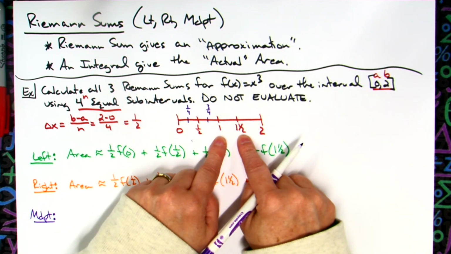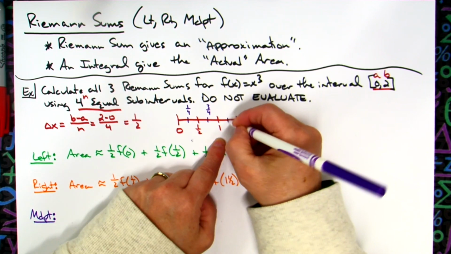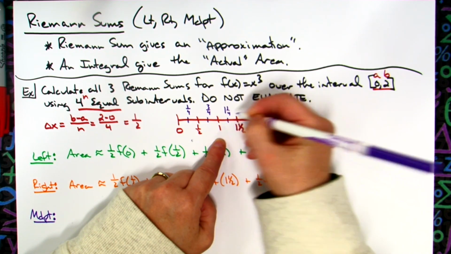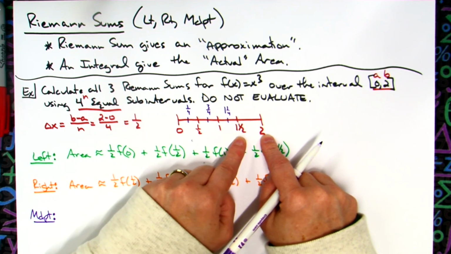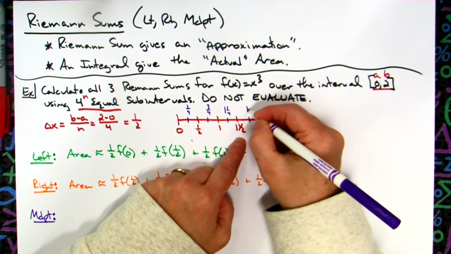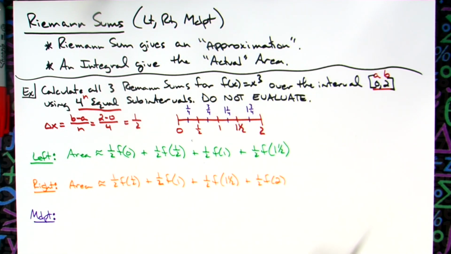Halfway in between 1 and 1 1/2, 1 and 1/4. Halfway in between 1 1/2 and 2, 1 and 3/4. If you added them to the diagram like that, it might be a little bit easier than if you're trying to do it as you go left to right, you might be more apt to make a mistake. It didn't take us very long to add them up there.